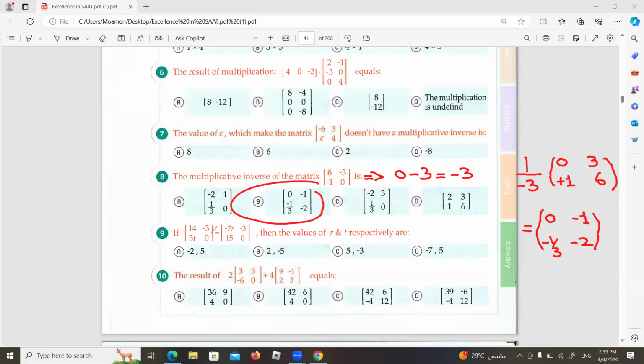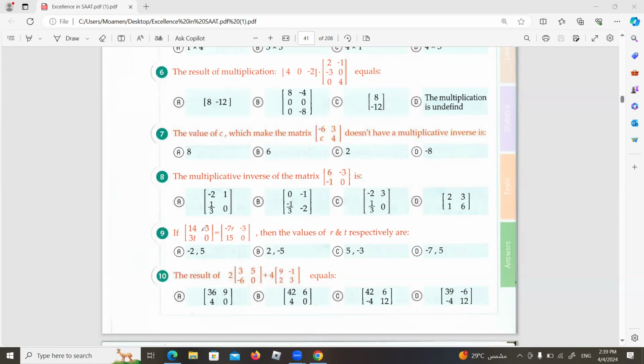Number 9, we have two matrices which are equal. Two matrices are equal if and only if the corresponding elements are equal. I need the value of R and the value of T. Get the corresponding elements respectively, it means in order. Start with the value of R and then the value of T. Pay attention to this, please. We have here 14 must be equal to its corresponding element, which is negative 7R.